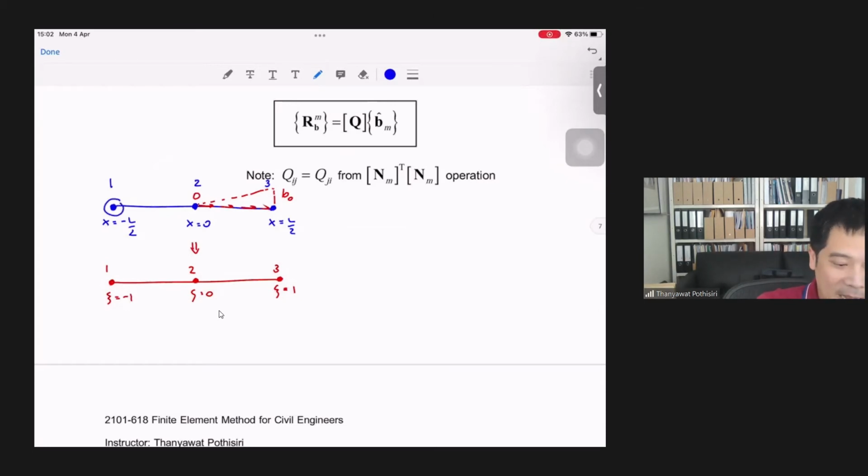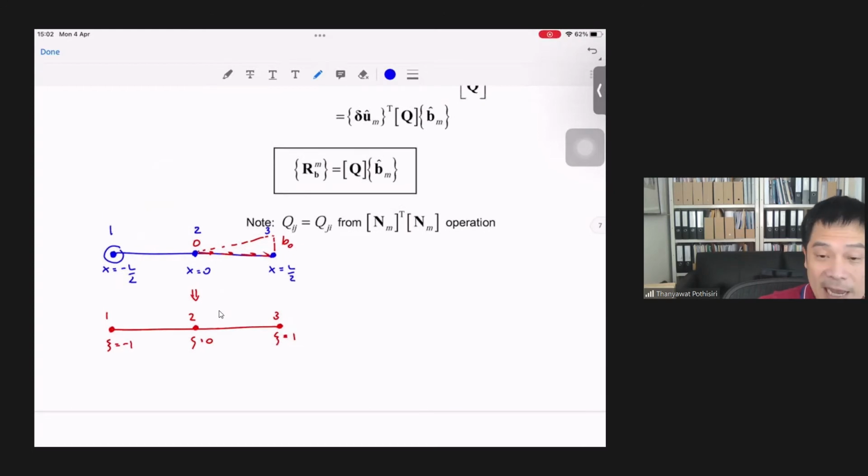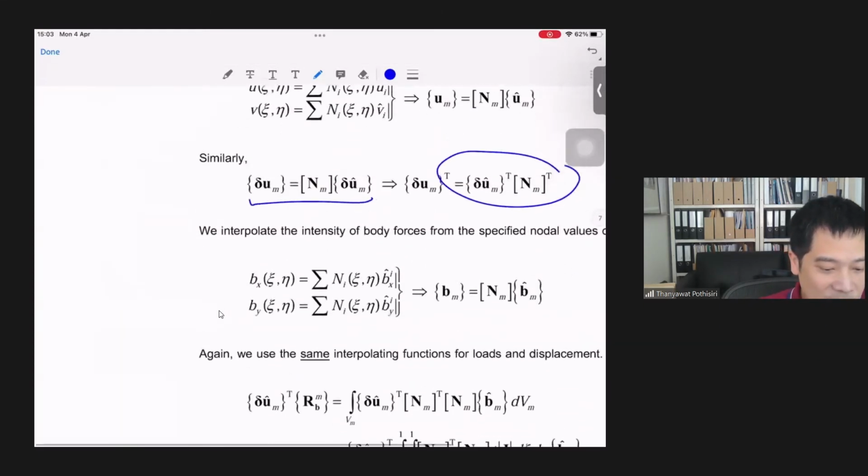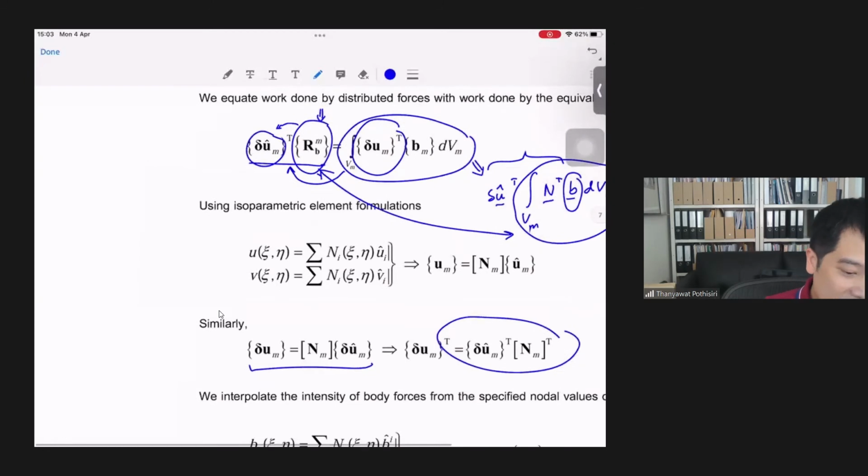In this case, I know exactly how the body force looks, so I know the distribution of the body force. So I can perform this computation either in parametric coordinates or in the Cartesian coordinate system. What I need is the shape function associated with node 1, because I'm computing the equivalent body force at node 1.